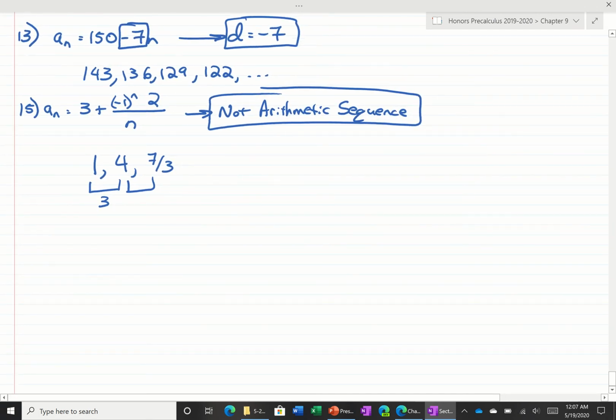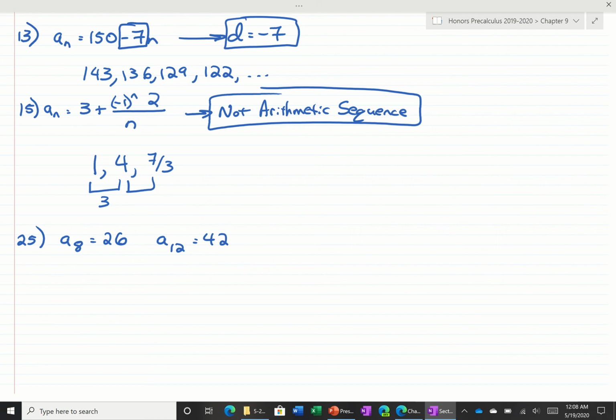All right, let's go 25, 29. Number 25, it says, write the first 5 terms of the arithmetic sequence, and it says a sub 8 is equal to 26, and a sub 12 is equal to 42. All right, so let's figure this out.